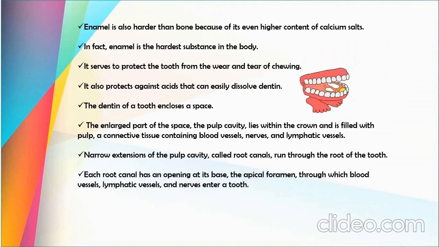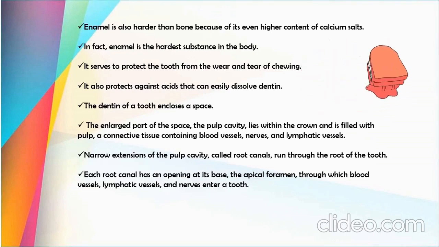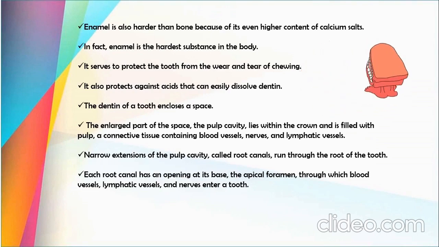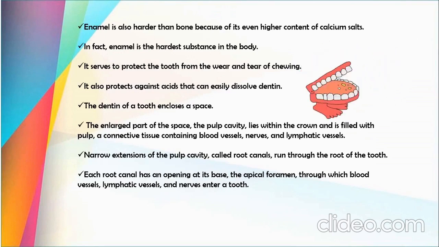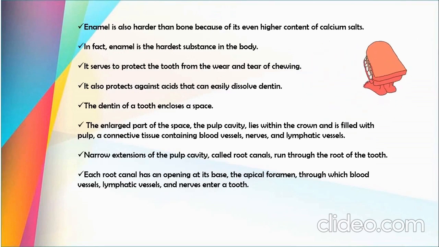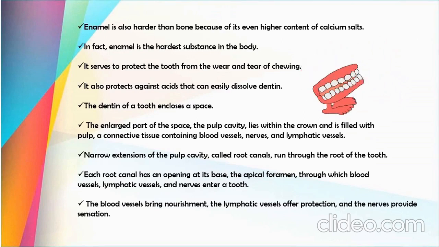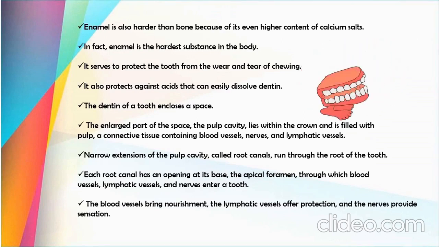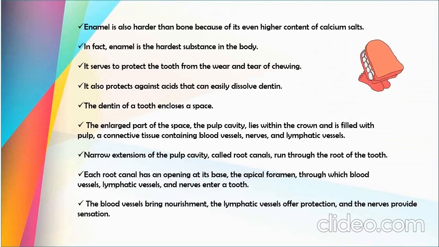Each root canal has an opening at its base, the apical foramen, through which blood vessels, lymphatic vessels and nerves enter a tooth. The blood vessels bring nourishment, the lymphatic vessels offer protection and the nerves provide sensation.